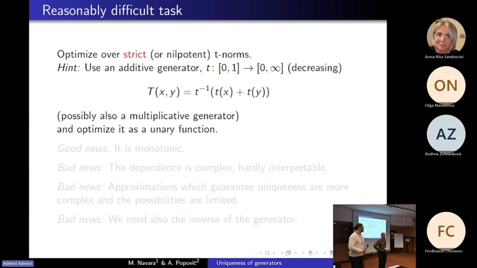Yes, but if you want to optimize a continuous T-norm, at some moment, at some piece, you will need an ordinal summand, which will be strict or nilpotent, and you will need to solve this as a subtask. So without having this as a basic stone, without this brick, you cannot build a wall.